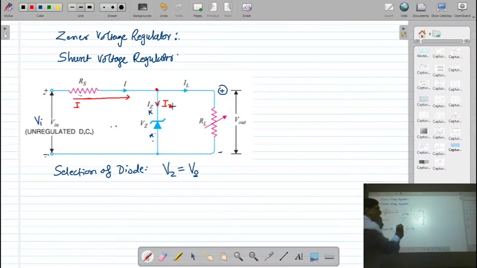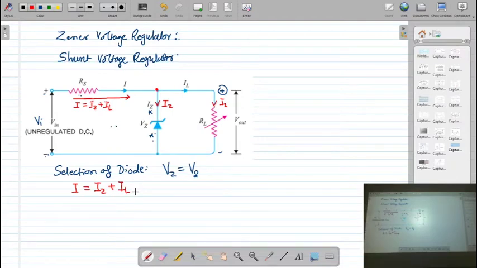We call this IZ. Then whatever the remaining current is there, it is passing through this load resistance, and we call this the load current IL. It means my total current I consists of the Zener current plus the load current IL. Correct? So here we have that the current I is equal to IZ plus IL.